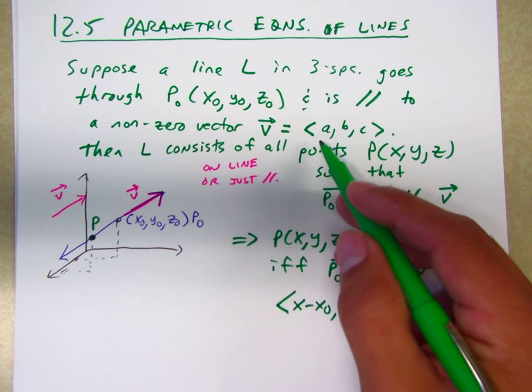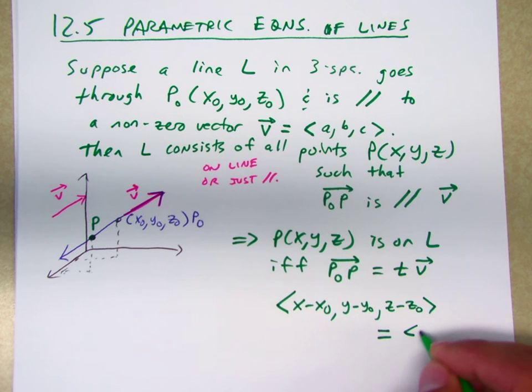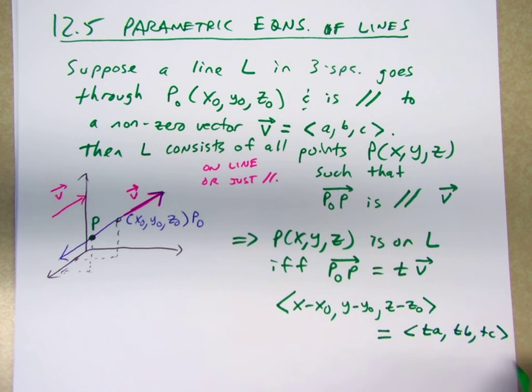Remember, v is just a, b, c, so we can distribute the t to all three components. And now we have ta, tb, tc. And if these vectors are truly equal to each other, you can go component by component, right? This x component has to equal that x component, and so on and so forth.